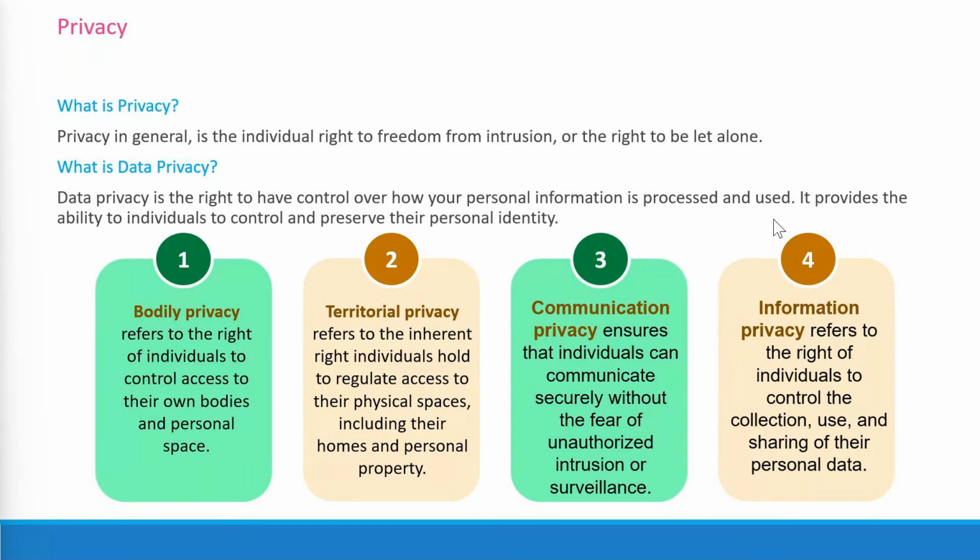The origin starts from the 1890s, but it took a very significant turn from the Second World War, where human rights regarding the right to be left alone, the right to private and family life, and the right to freedom of expression were created as fundamental rights. So this is the foundation: all the data privacy laws that we see in the world are actually based on these two fundamental human rights, right?